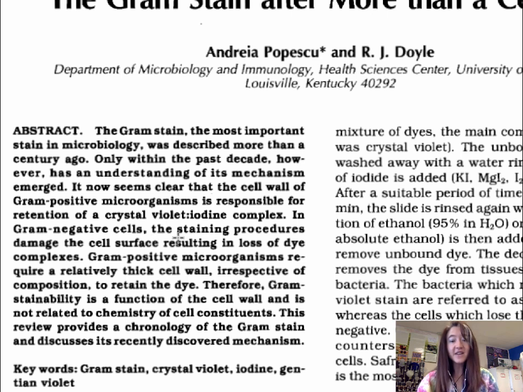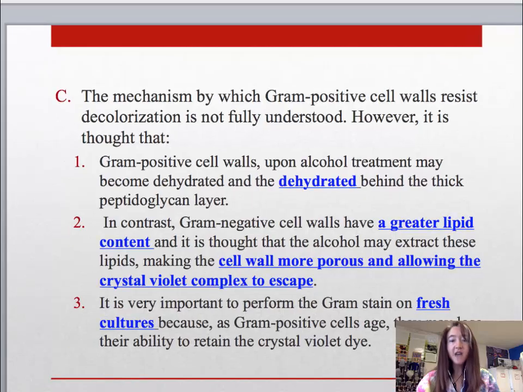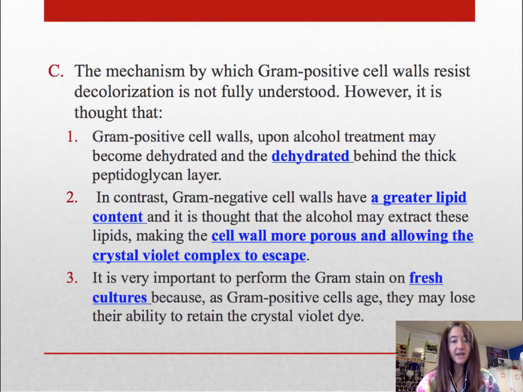In gram-negative cells, the staining procedures damage the cell surface, extracting those lipids, resulting in the loss of dye complexes. So it is the high lipid content of the gram-negative cell that allows the alcohol to damage the cell and allow the escape of the crystal violet and iodine complex. So, setting free the crystal violet iodine complex, a gram-negative cell becomes transparent after treatment with alcohol.